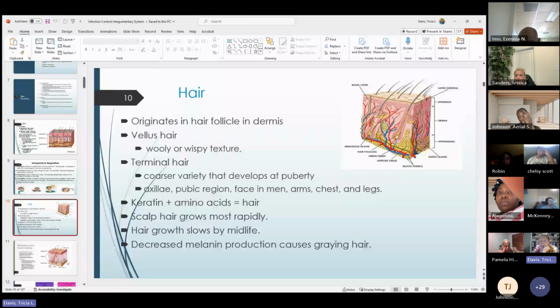I have a problem getting back to my stuff once I leave it. Okay, here we go. It looks like from what I can see, everybody is muted. Is this better, Chelsea? Much better. Were we recording this whole time? Yes, we are. Okay, just making sure. All right, let me get back to my slides.